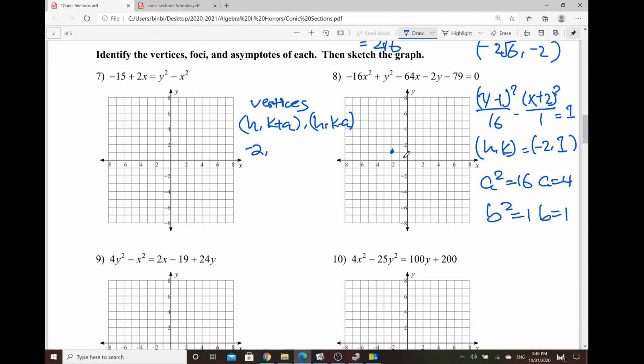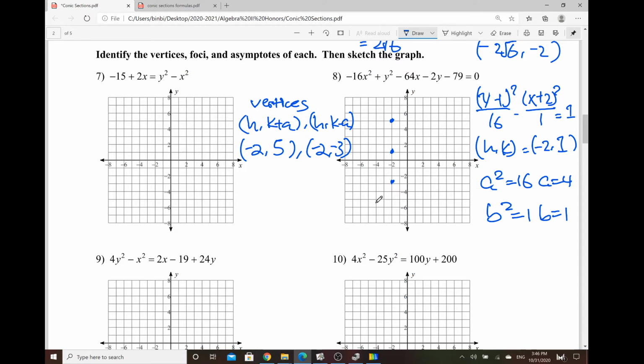So k plus a is 1 plus 4, which is 5, and then negative 2 comma k minus a. k is 1, so 1 minus 4 is negative 3. So negative 2 comma 5 right up here, and then negative 2 comma negative 3 all the way down here.